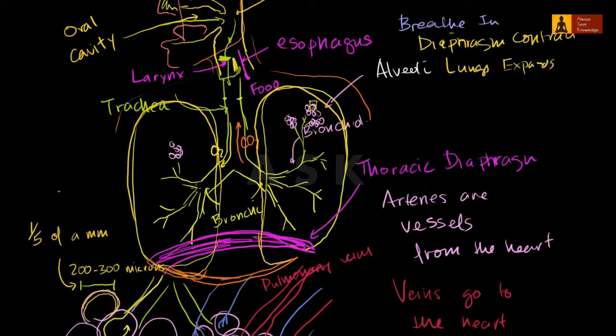We have less pressure here than we have outside, or you can view it as negative pressure. Air always wants to go from high pressure to low pressure, and so air is going to flow into our lungs. And hopefully there will be some oxygen there that can go into our alveoli and then end up in our arteries, and then go back in the veins as oxygen attached to hemoglobin. I'll talk more about that in detail.